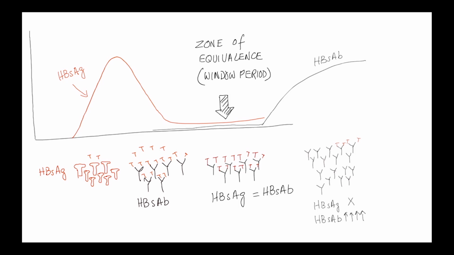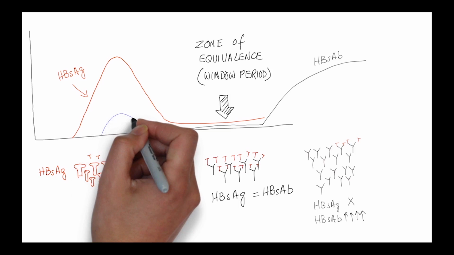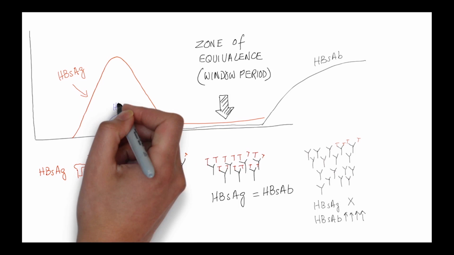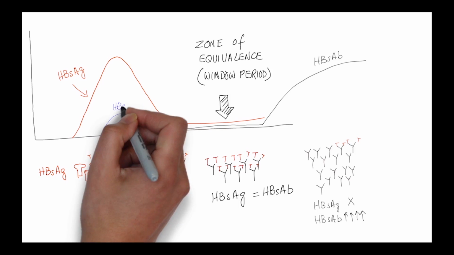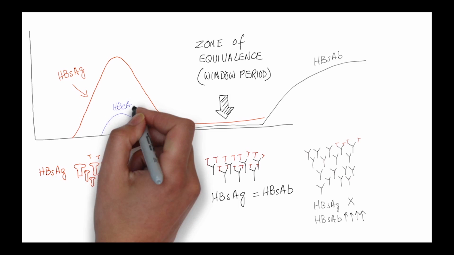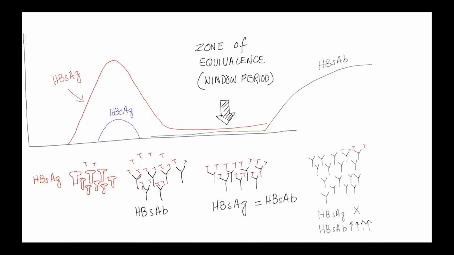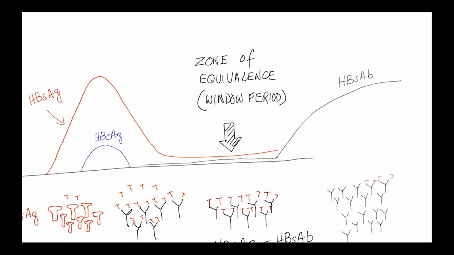Now let's talk about the hepatitis B core antigen. Core antigen normally appears after the surface antigen appears, and it normally is managed by our body before the surface antigen is managed. So it appears after and it disappears before.